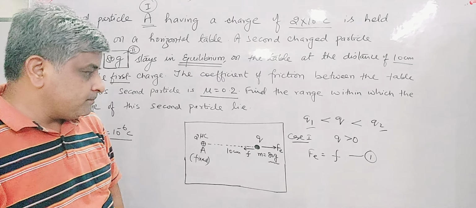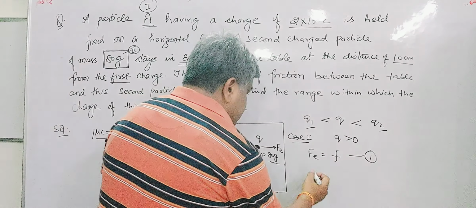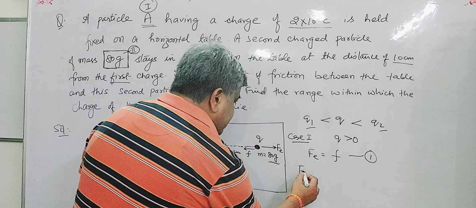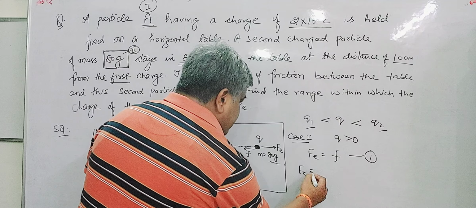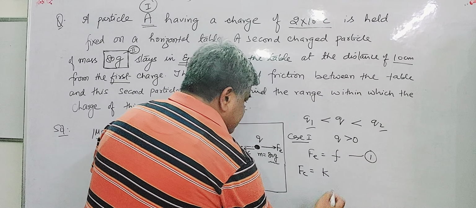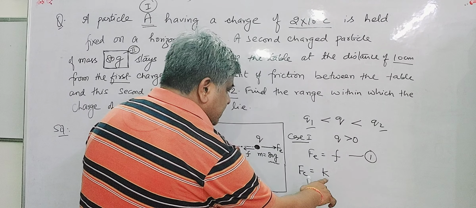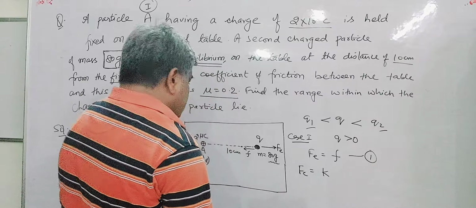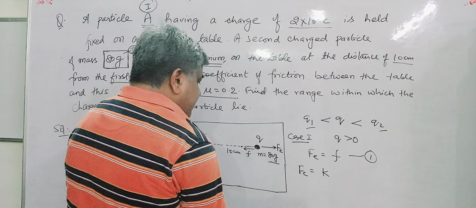Now we know the value of Fe, the electrostatic force. By Coulomb's law we can find it easily. So it is K, the electrostatic constant, or 1 upon 4 pi epsilon naught, Q1 Q2 by R squared.